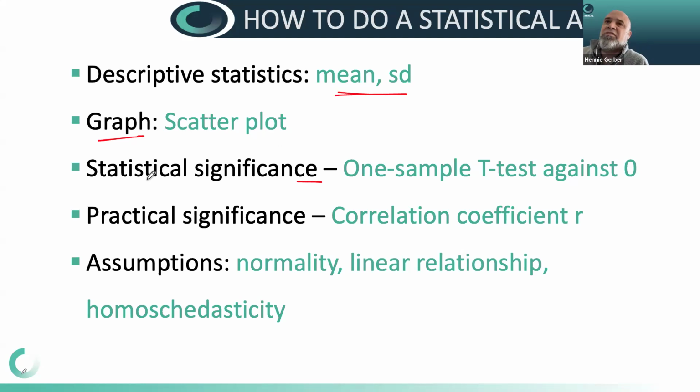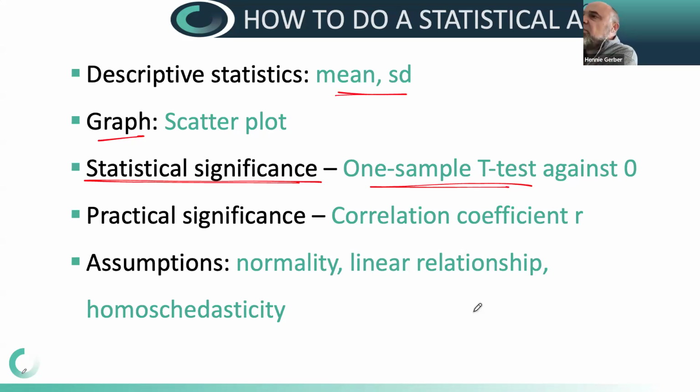Then to test statistical significance, we'll get a p-value from the statistical test. When you do a Pearson correlation analysis, you actually do a one sample t-test against 0. So you'll test the correlation coefficient against the constant, which is 0, to see if it differs significantly from 0. If it does, we could say there is a significant relationship.